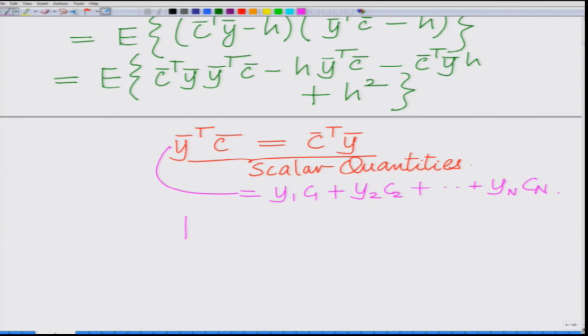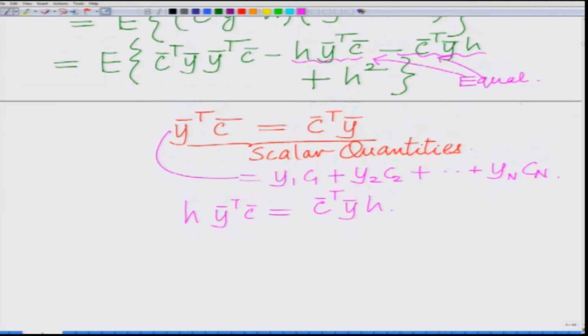Now I can multiply both sides by H, H is a scalar quantity: H Y bar transpose C bar equals C bar transpose Y bar into H, which means these two quantities, H Y bar transpose C bar and C bar transpose Y bar H, are equal.